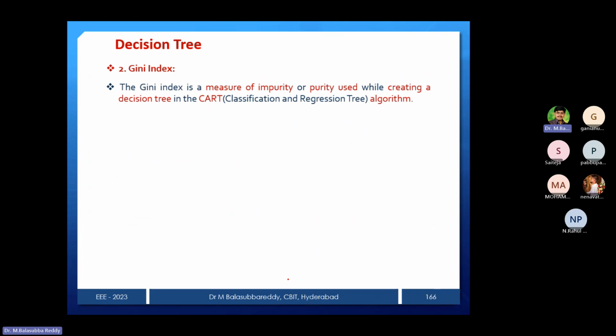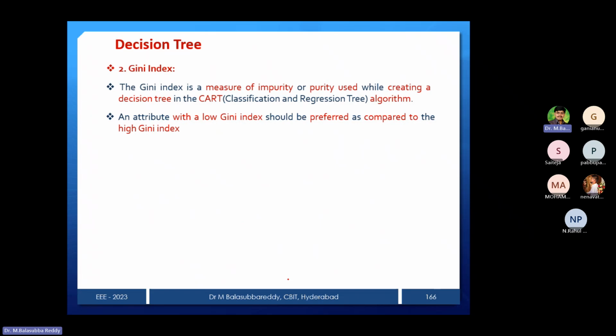Then again, Gini index is a measure of impurity or purity used while creating a decision tree in the CART algorithm. There are different algorithms I noticed. In the CART algorithm, we can solve our decision tree.